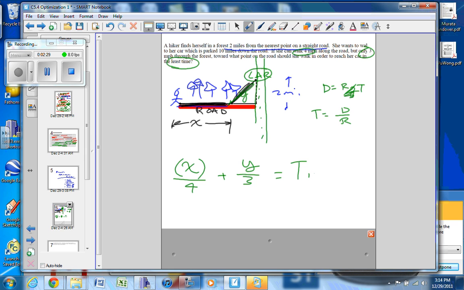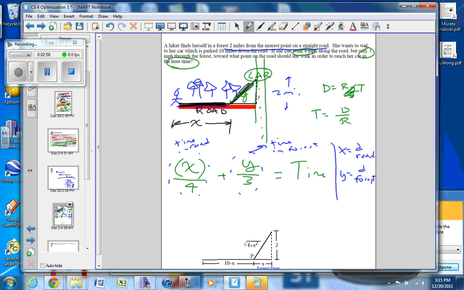And that's going to be the total time that I walk. So again, this is the time on the road, this is the time in the forest, where X equals the distance on the road, Y equals distance in the forest.